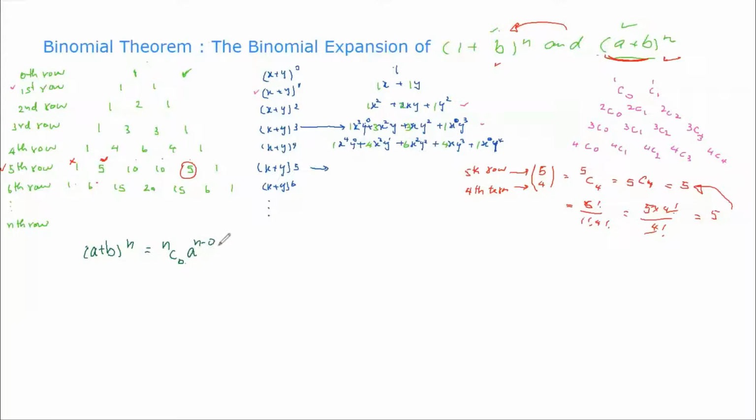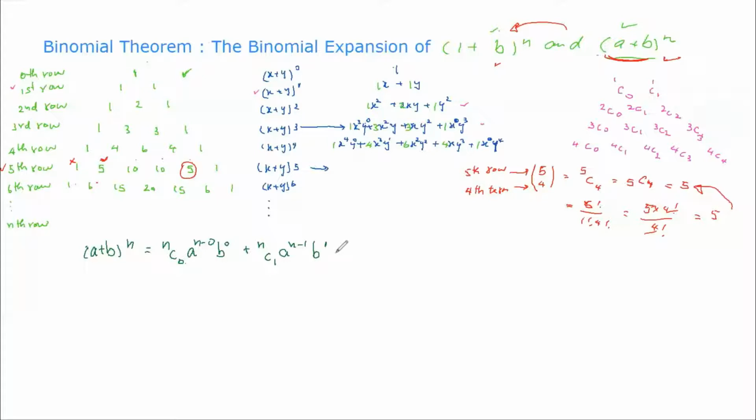And next one is going to be b power 0, from here 0. So one is nC0, next one should be nC1. 0 and next should be 1. And then this uses the same idea: a, then use n minus 1, b power 1 here.